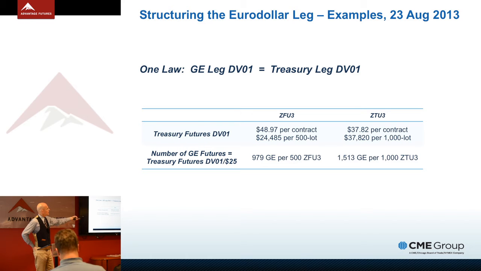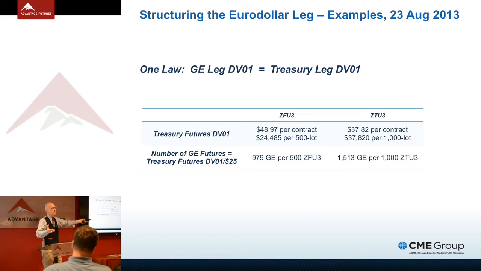The DV01 for the 5-year future is just about $49 per contract. Let's assume you want to build your TED on a 500 lot Treasury side. You could do 50, you could do 5, you could do 5,000. Let's just assume 500.